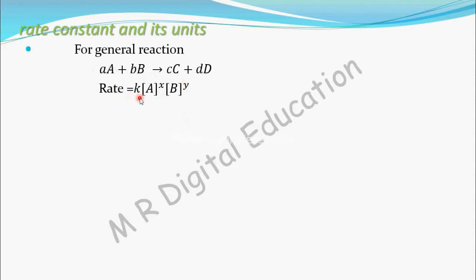Now the rate constant K, take this whole term this side, equals rate divided by concentration of A to the power x into concentration of B to the power y. See, when concentration of A and B becomes equal to 1, then 1 to the power x into 1 to the power y equals 1, because 1 to the power any number will always be equal to 1.